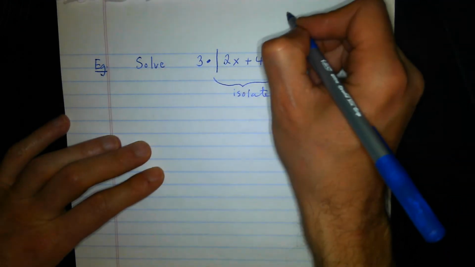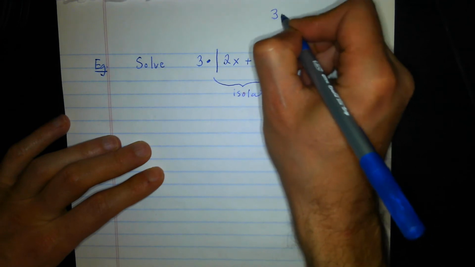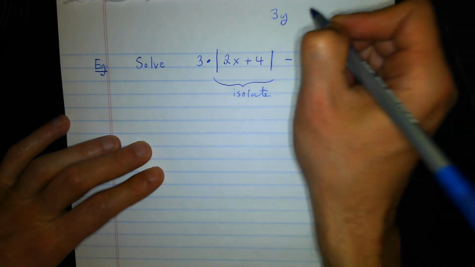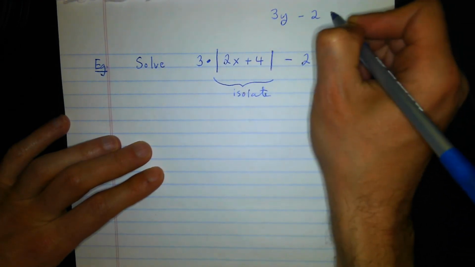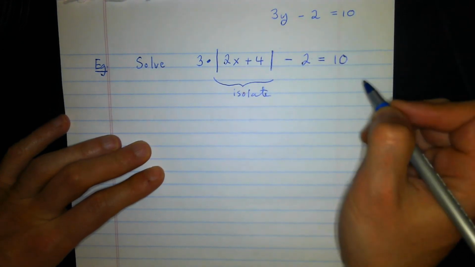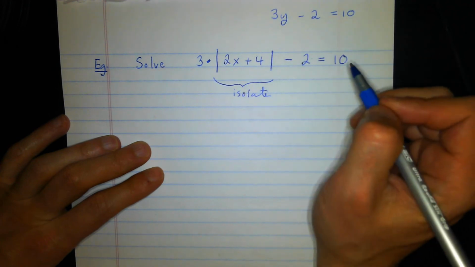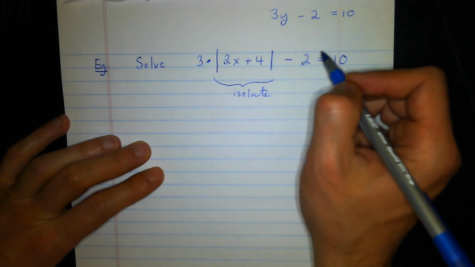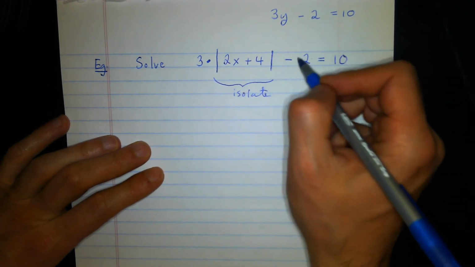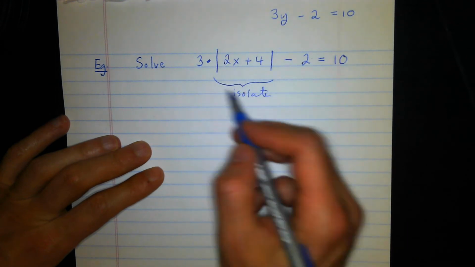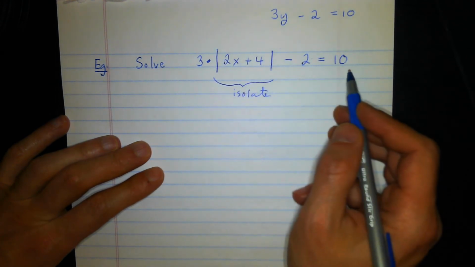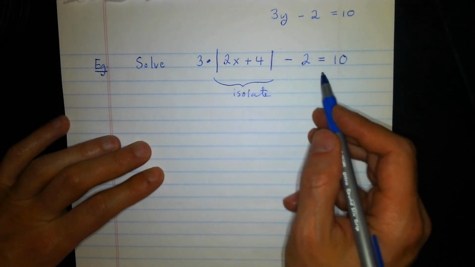If I'm trying to isolate y for this equation, what would I do? Well, I would just add 2 and then divide by 3, right? So it's the exact same thing to isolate the absolute value here. I'm just going to plus 2 and then divide by 3.